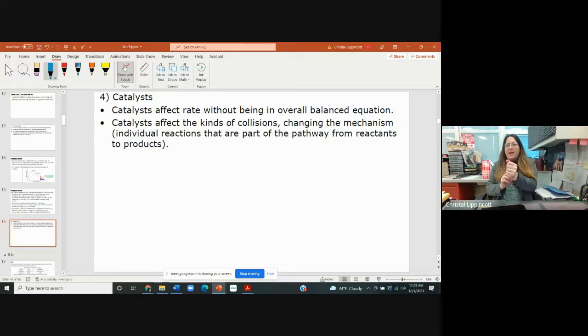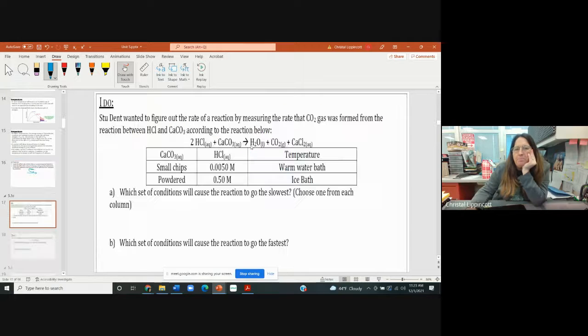Because of that, sometimes they will show it like in biology class, where they have an arrow, your yield sign, and sometimes they'll show the catalyst coming in like this, listed here. We don't do that really in chemistry. But I'm going to show you how to identify catalysts as we move through here. Okay.